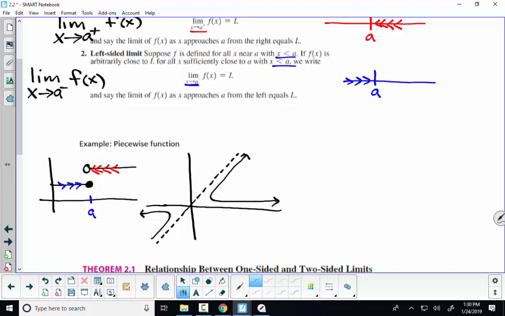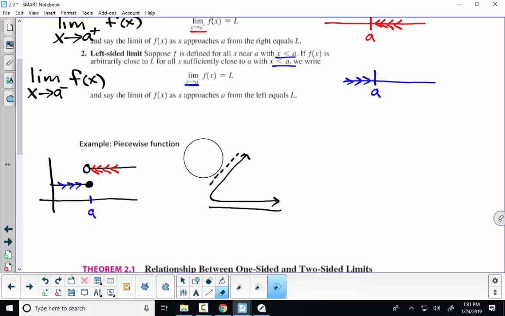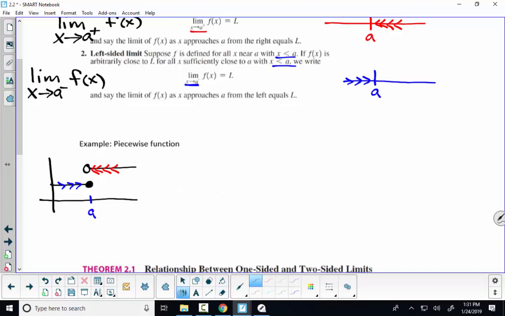it makes sense to approach from one direction. Right, because our vertical asymptotes are kind of cutting the xy plane into different pieces. So let's say our function was doing this.